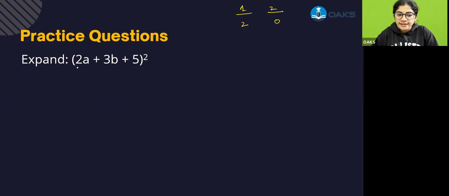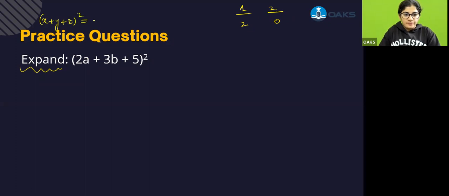Kindly identify your complete a, b and c and put them in the identity, and simply you will get your answer. You just need to expand it. I'm writing the identity here also for your convenience. Whosoever does not remember, kindly see this.